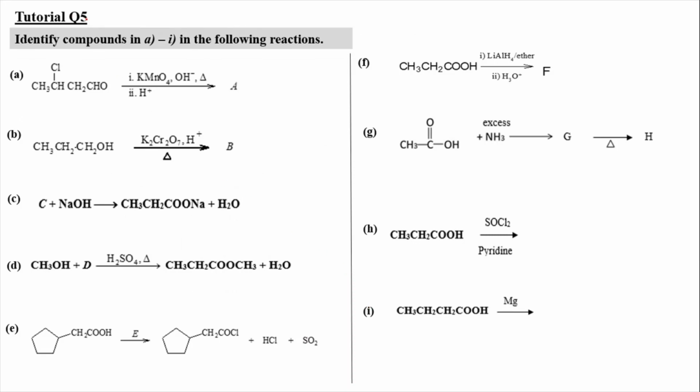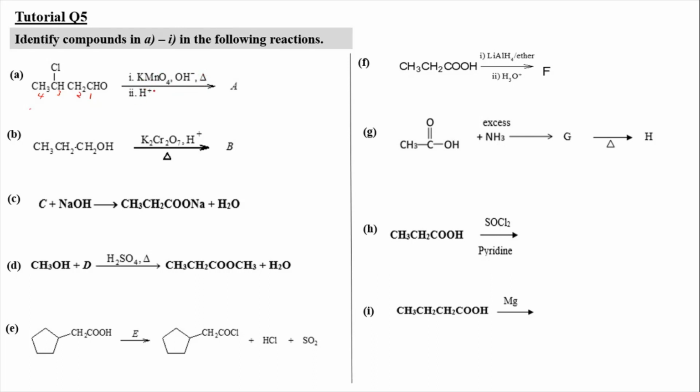So for tutorial question 5, we have to identify the compounds in the letters A until I in the following reactions. So let's say we have 1, 2, 3, 4, which is 2-chlorobutanol. When we react the 2-chlorobutanol with KMnO4, at first it is in alkaline condition, at high temperature, and then at acidic condition.